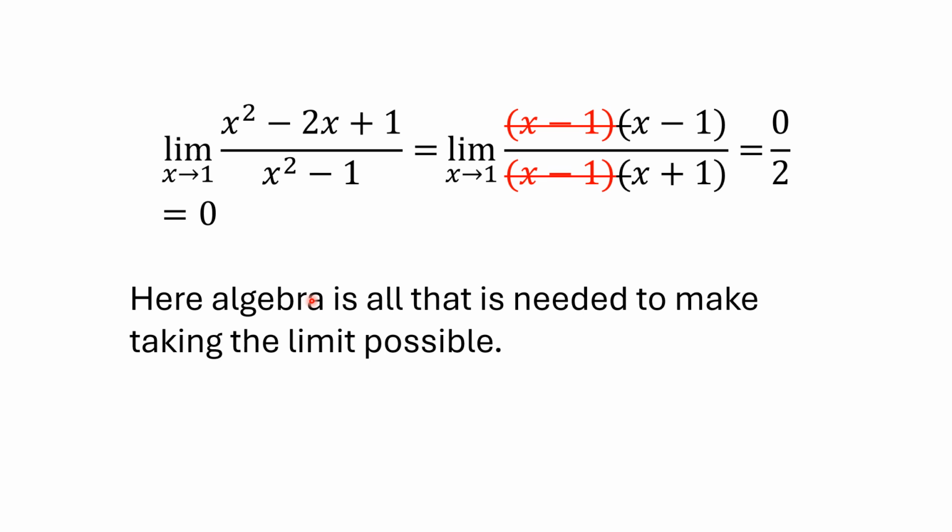Well, that just would not normally be possible in algebra, but in limits, what we can do is factor and end up with x minus 1 times x minus 1. Factor the denominator, and we end up with x minus 1 over x plus 1. Cancel a problem away and end up with 0 over 2, which is 0. This is possible because we're not actually looking at the value x equals 1. We're looking at values very close to 1.